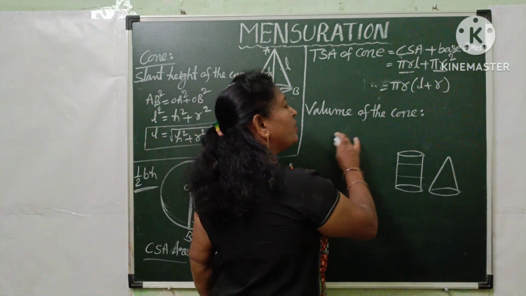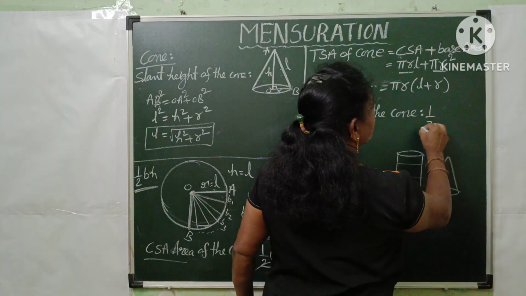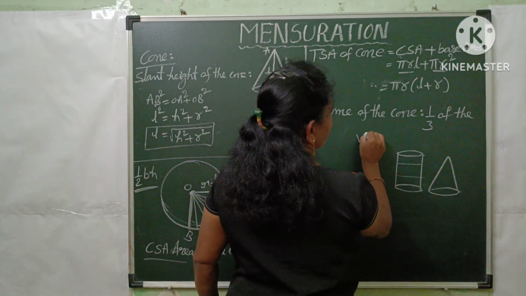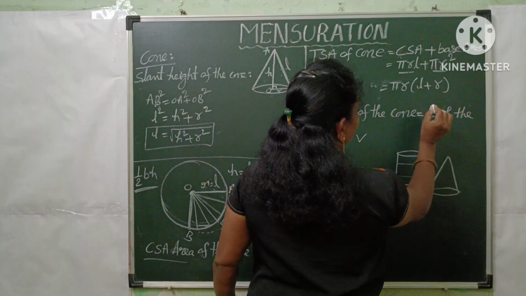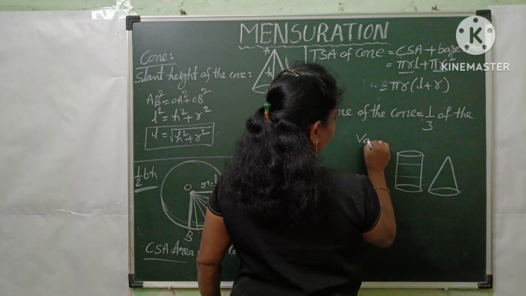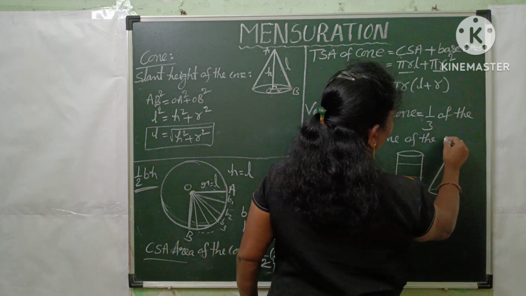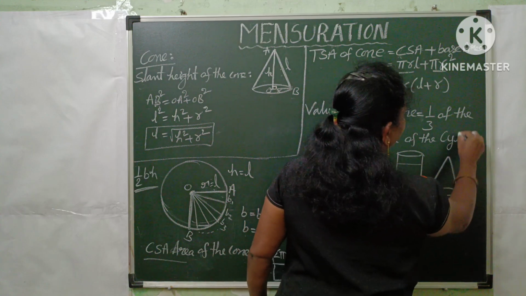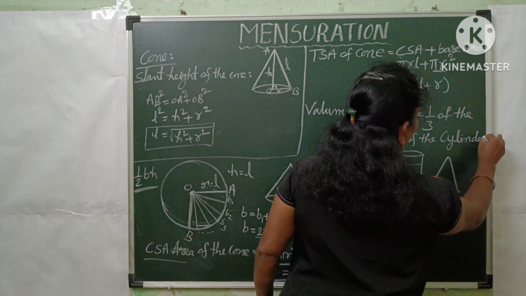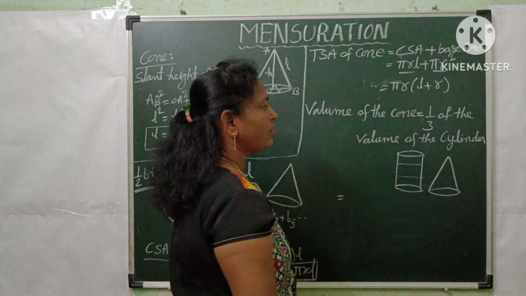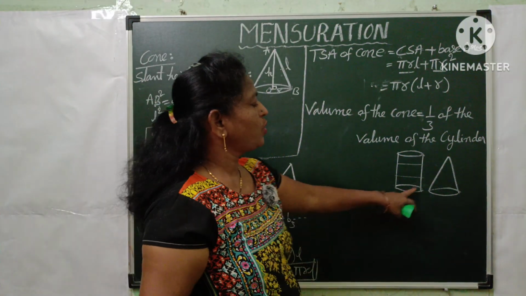So the volume of the cone is equal to 1/3 of the volume of the cylinder. Actually, the volume of the cylinder is base area into height, no?